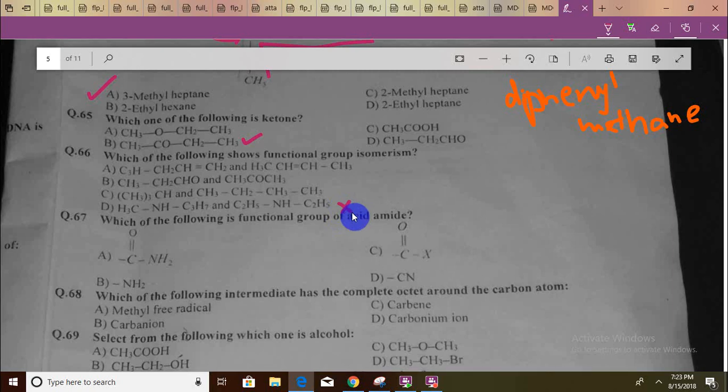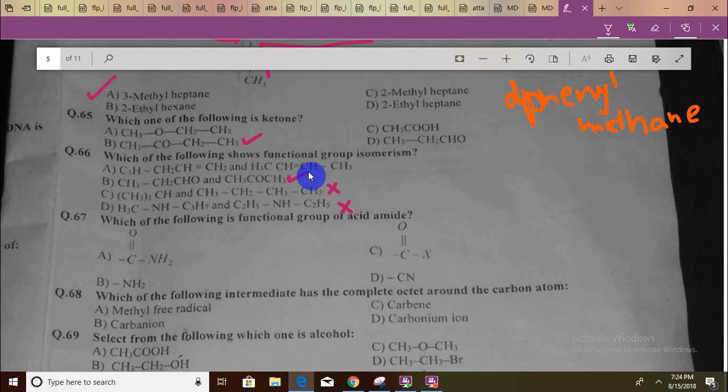Over here, this is actually chain isomerism. This might be considered as metamerism. This may be chain isomerism. As for this one, C3H6O, one is aldehyde, the other is ketone. Definitely what you would consider functional group isomerism.